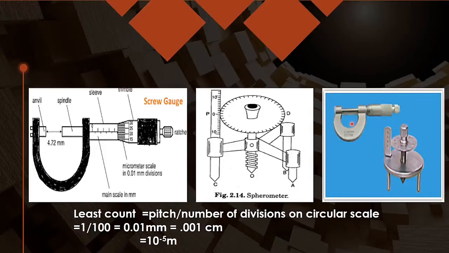When you see them in the lab, they are metallic, made of steel, of course a rust-free material, an alloy. So this is the screw gauge and this is the spherometer. The spherometer has the same least count as the screw gauge, but of course we can design a screw gauge or spherometer of different least count also if required. But in the lab we use this value, where there are 100 divisions on the circular scale.